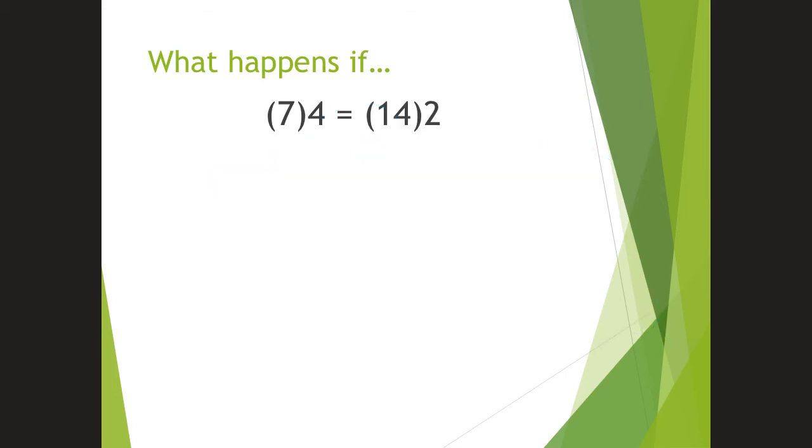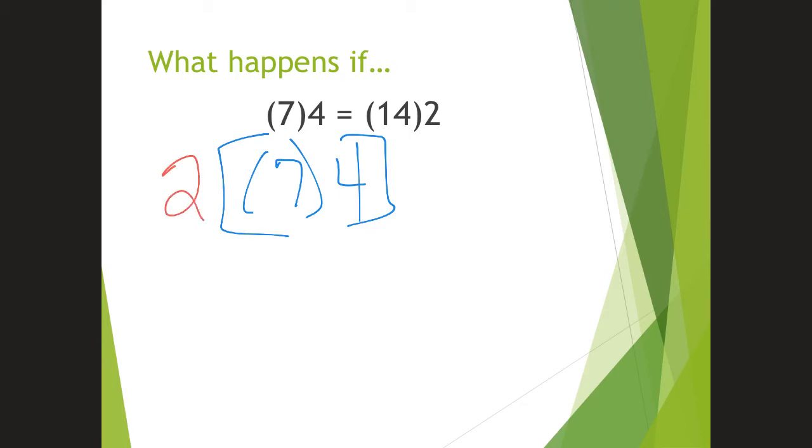Well, what if instead of adding or subtracting, I decide I want to multiply? So in this case, I could take 7 times 4, and I want to multiply that whole thing times 2. The same thing on the other side, 14 times 2.